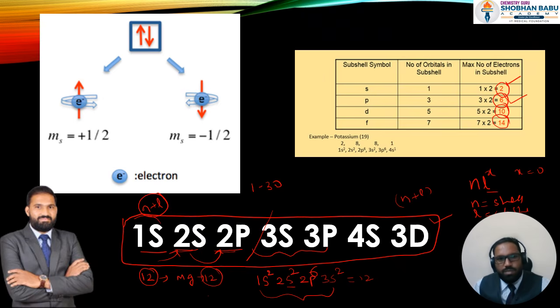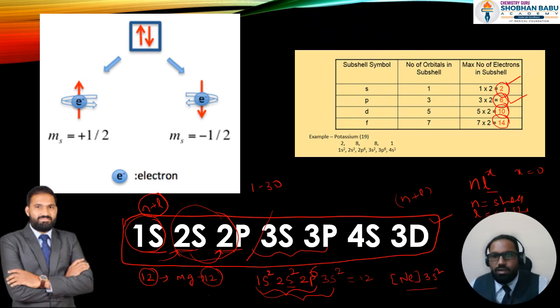So the first shell is totally filled, the second shell is totally filled. All together it is equal to 10. It means up to 10 it is stable, so instead of writing the whole thing, I can write it as neon 3s2. This is called the outermost orbital electronic configuration.